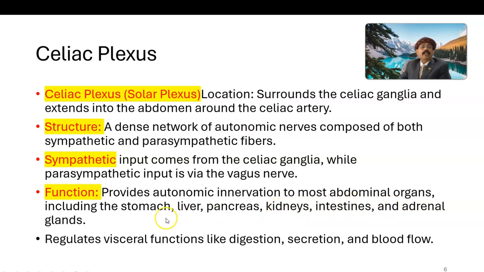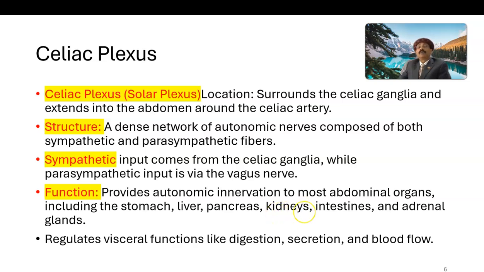kidney, intestine, and adrenal gland. So here the celiac plexus is distributed to those organs, but the greater splanchnic nerve is confined to the pancreas. The kidney and suprarenal gland get a contribution from the lesser splanchnic nerve, like the other part of the intestine below the second part of the duodenum.